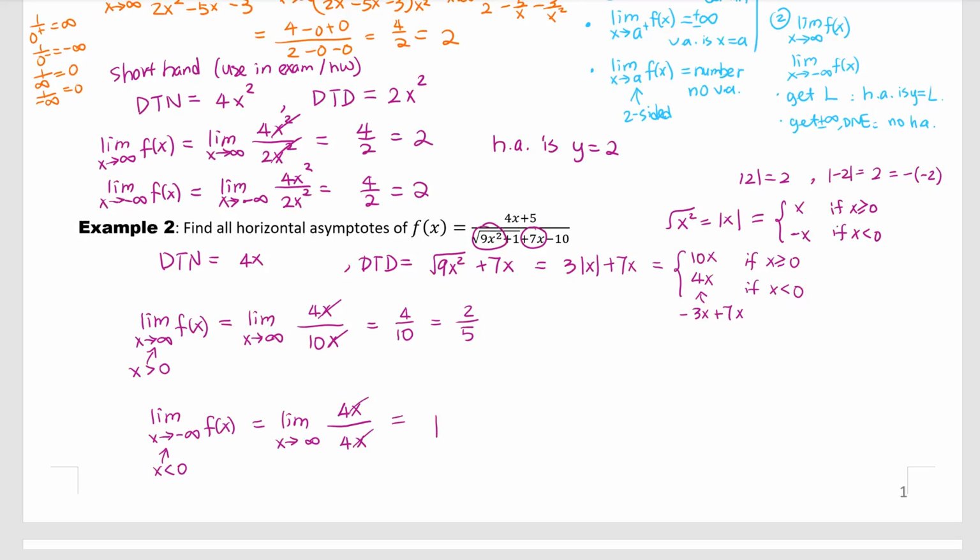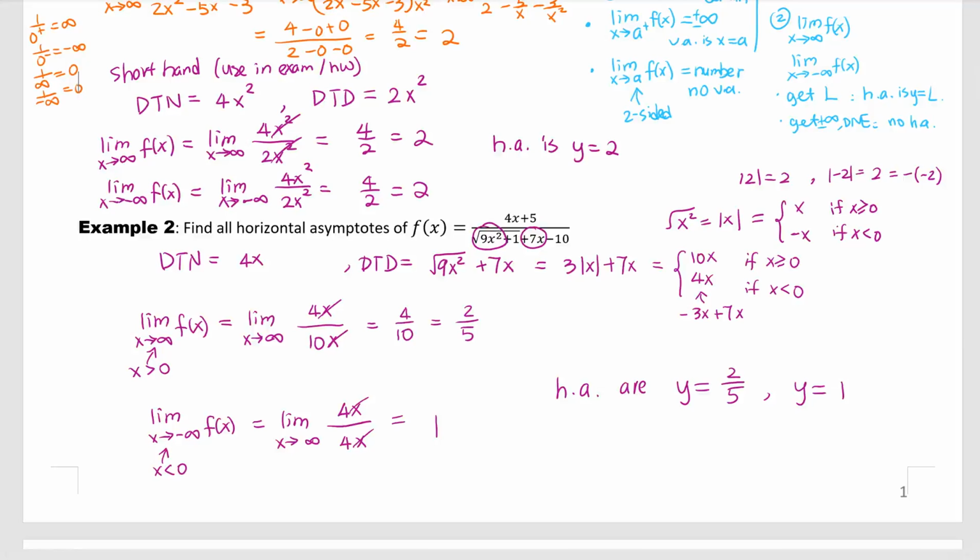So you want to simplify it and then you can plug in. So far, so good, everybody. Alright, let's continue. Because on both sides we get numbers, the horizontal asymptotes are y equals 2 over 5 and y equals 1. So we have 2 horizontal asymptotes.